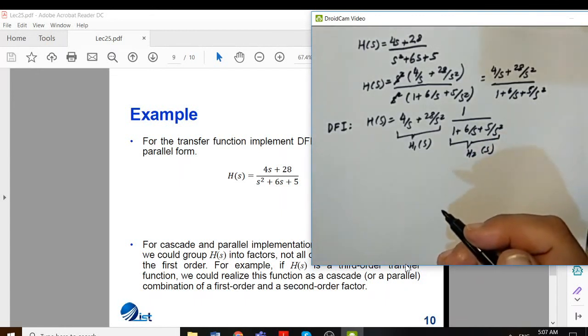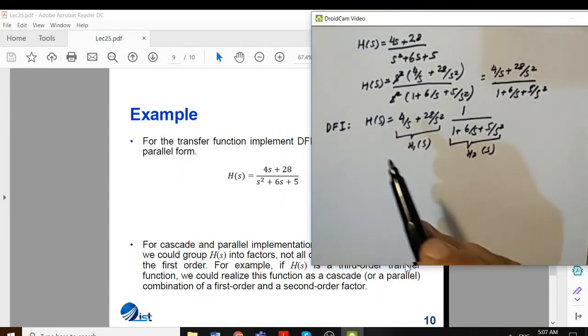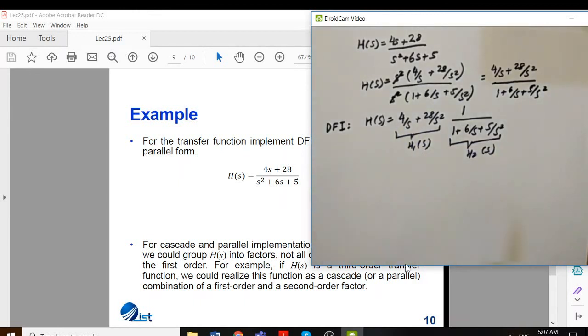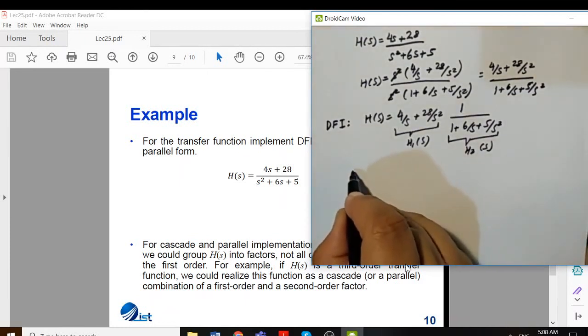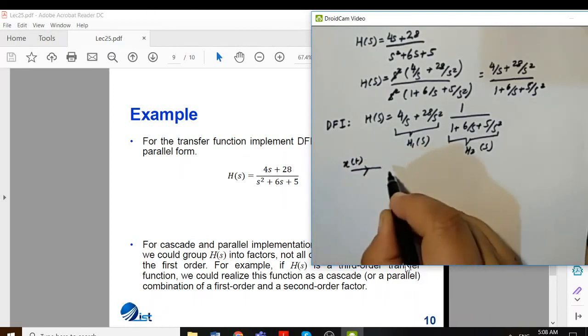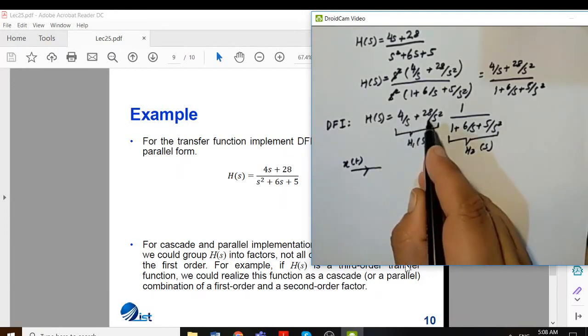So let's draw this. We remember that the block diagram is like a big box with x(t) entering on one side, since it's a continuous time system, and y(t) as the output. So in the black box for the transfer function, x(t) is coming in as the input. I don't have a direct term, or a term with no s.